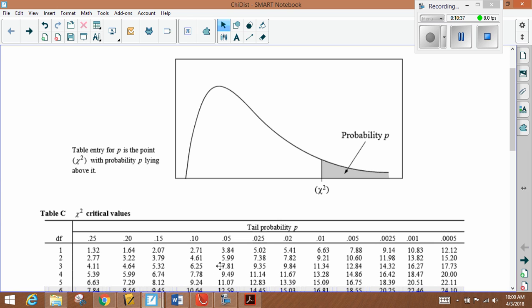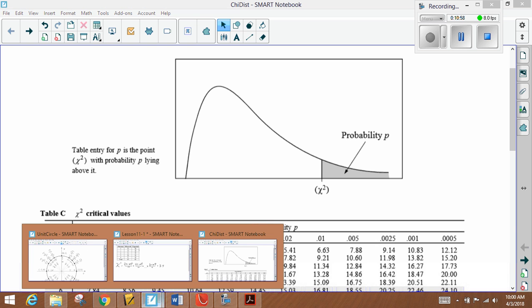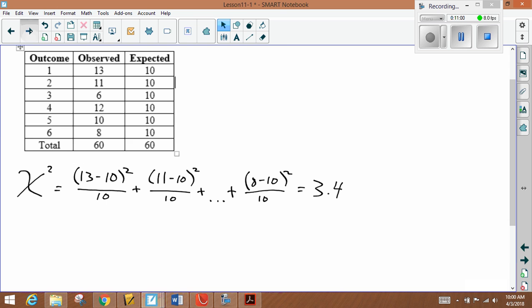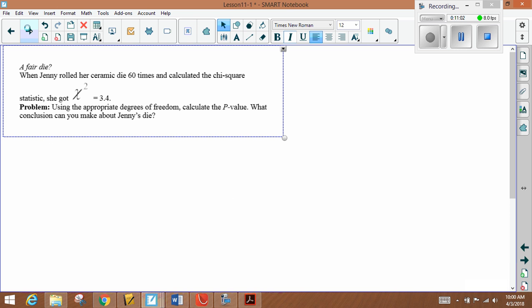Also, it's good to know that our counts are always going to take on positive or non-negative values, right? This is always going to be skewed to the right. And we're going to find it by finding degrees of freedom. So let's go ahead and actually look at these. Let's calculate a p-value for Jenna's die.